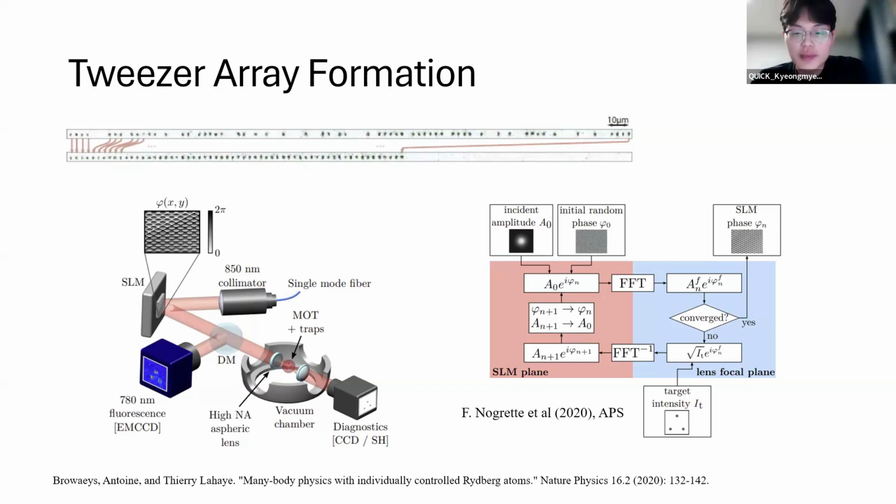And what this does basically is that it has liquid crystals in it that are birefringent. So applying a voltage to the liquid crystal cell changes the effective refractive index seen by the incident wave, which means that we can change the phase of the incident beam. And in this case, that would be the optical tweezer beam.